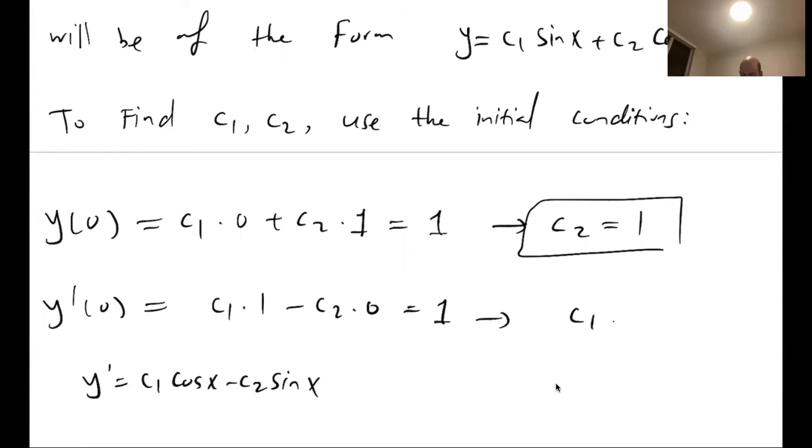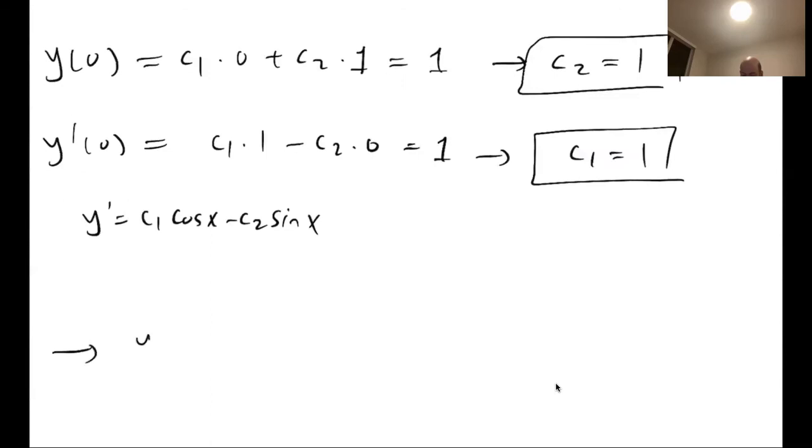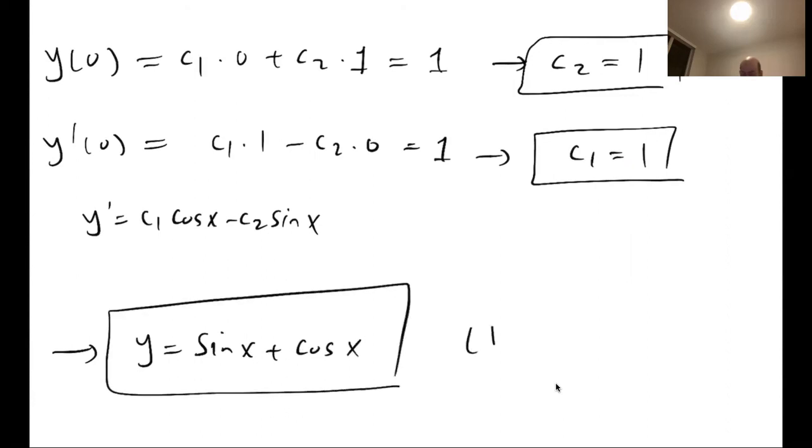That gives C1 equals 1 as well. So y equals sine x plus cos x. This is the unique solution for the IVP above, the initial value problem above.